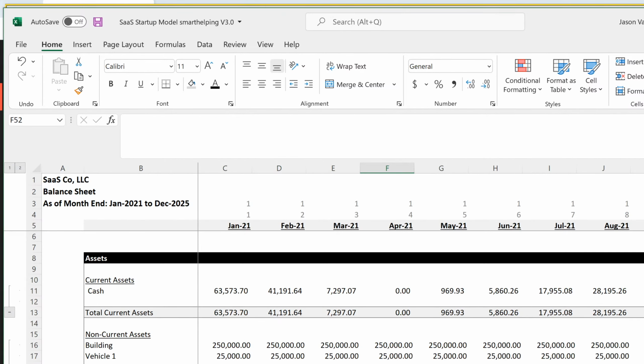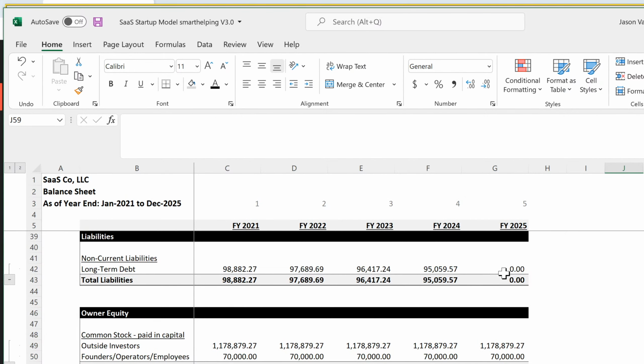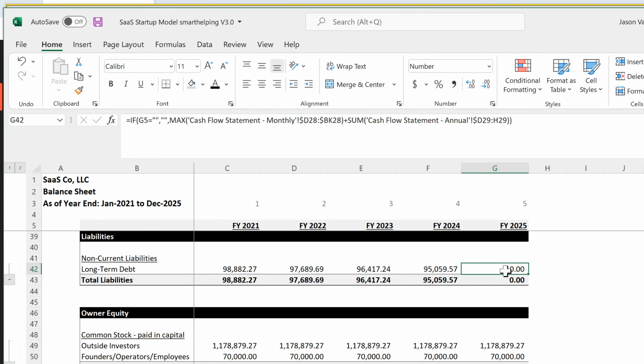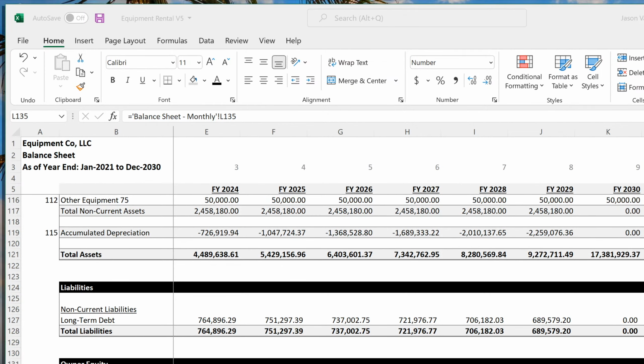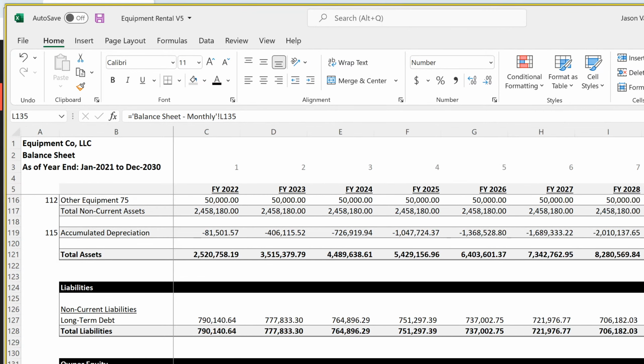What did I do in the balance sheet for this equity? So on this one, because it's automatically assumed to be the last month, there's no issue with this one. But here we do have a dynamic end month, so I have to put, let's see.